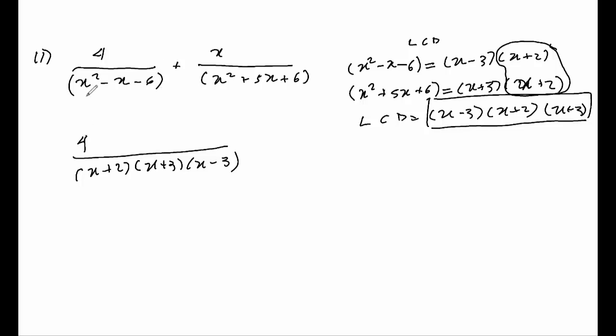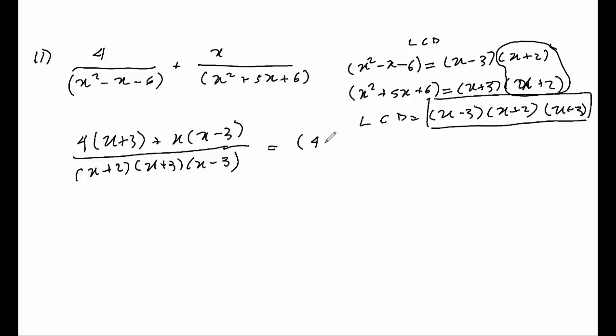So we look at the denominator in our first term and see what is missing here, and we see that it's the x plus 3 term. And then similarly for the next term, we have x, and what was missing from that term? Well, we have the x minus 3.